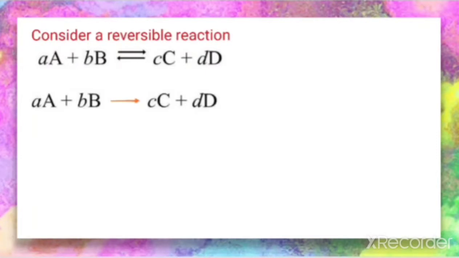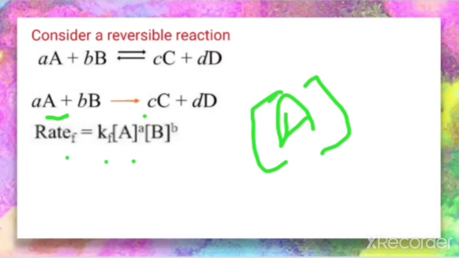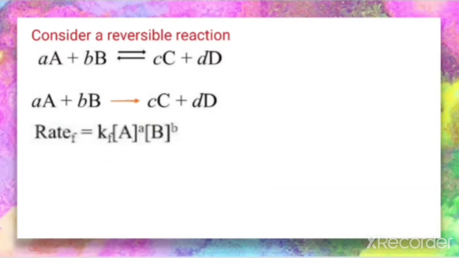So according to the law of mass action, the rate of that reaction can be determined by the formula: rate of forward reaction is equal to Kf, that is a constant, times the concentration of A, where the square bracket represents concentration, with powers its stoichiometric coefficient, small a, and the concentration of B with its stoichiometric coefficient in the powers, according to the law of mass action here.